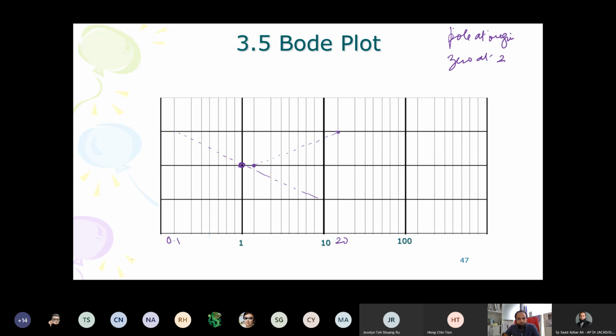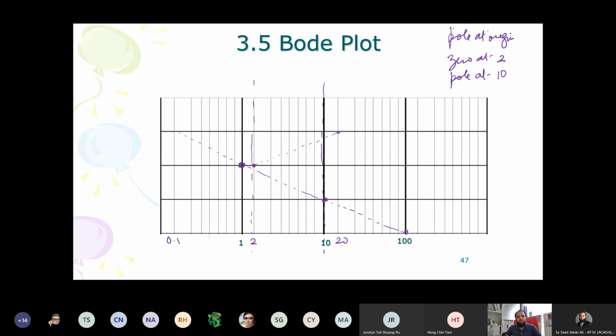And then a pole at 10. So at 10 until 100, we have this. Okay, let me draw the corner frequency margins just for the sake of it.